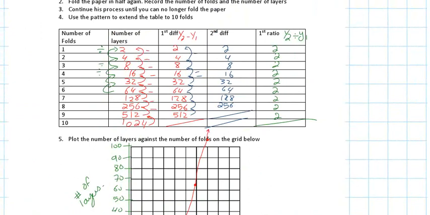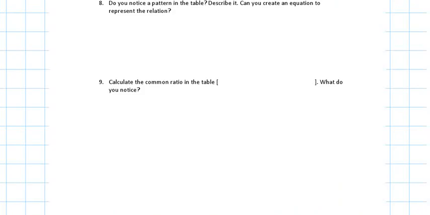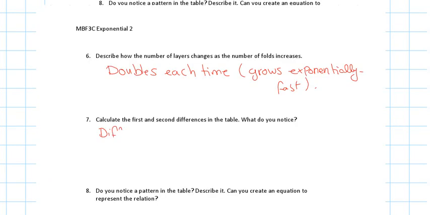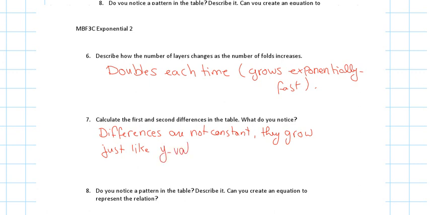They're the same as the y values, the same numbers: 2, 4, 8, 16, 32. So the differences are not constant. They grow just like the y values do.